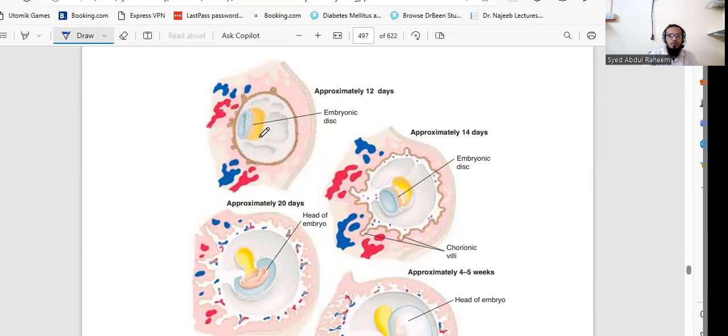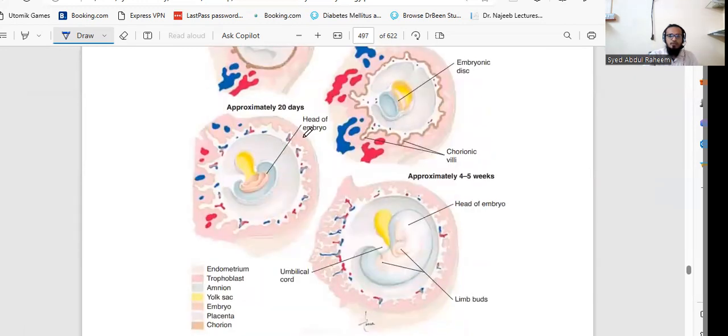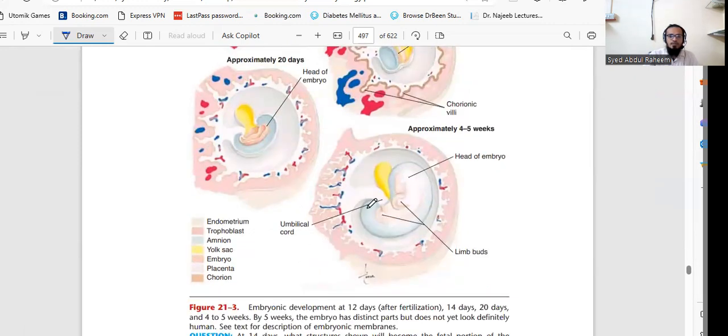Here is the 14th day embryonic disc, with chorionic villi, all gradually developing. The head of the embryo begins from 20 days. This will become the umbilical cord, and this is the head of the embryo. These are limb buds.